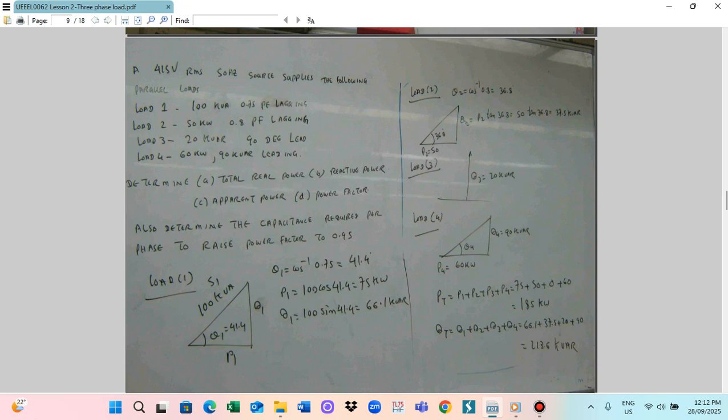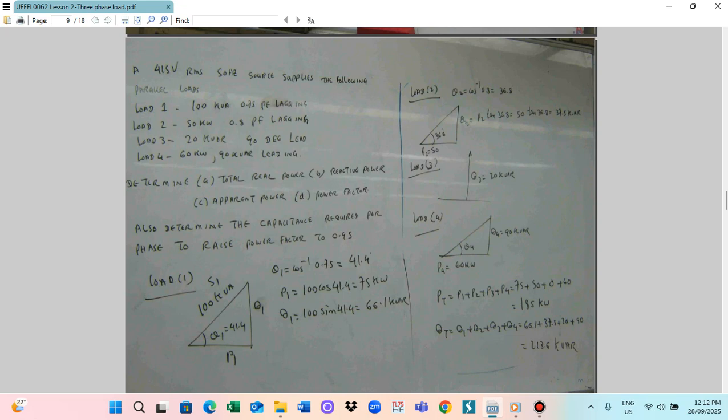So this is load 4. Load 4 is also 60 kilowatt, horizontal is 60 kilowatt, so this is P4, 60 kilowatt. And Q4 is 90 kVAR. Leading means this angle is theta 4 here.